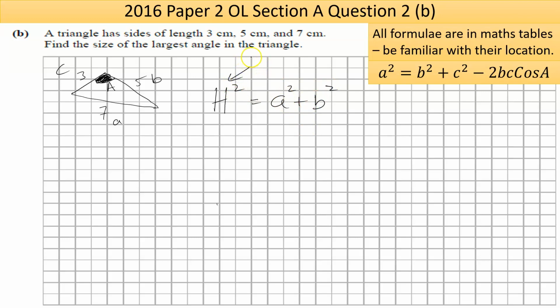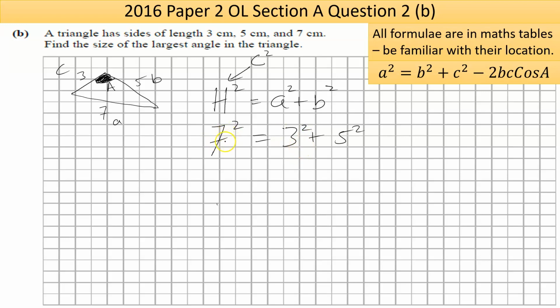I use H. I know in the maths tables they say C squared, so it's the same thing. The longest side squared equals the sum of the squares of the other two sides. So if this is right angled, well then 7 squared should equal 3 squared plus 5 squared.